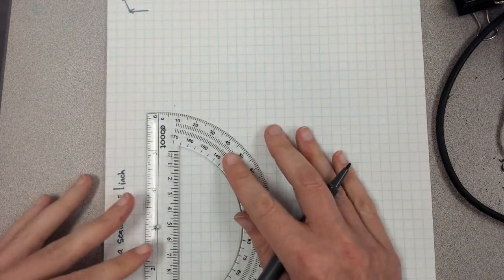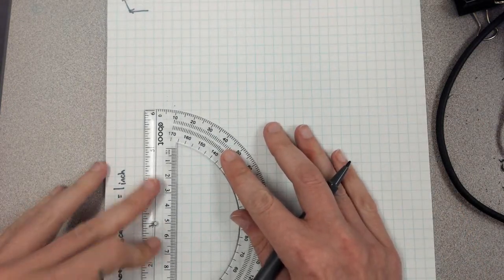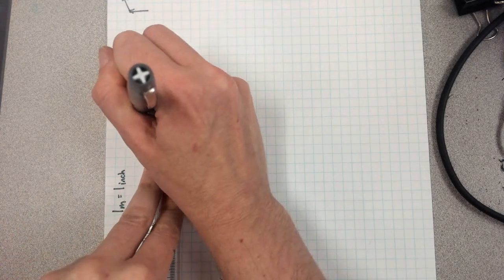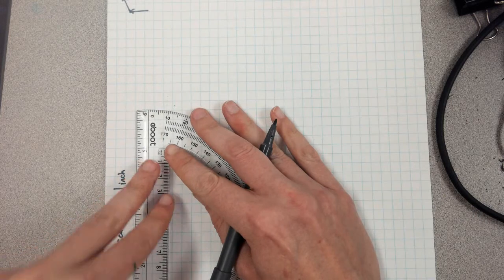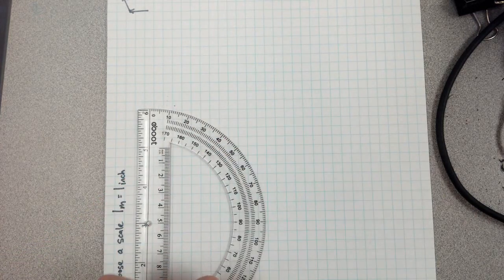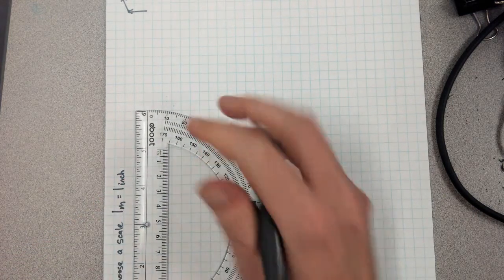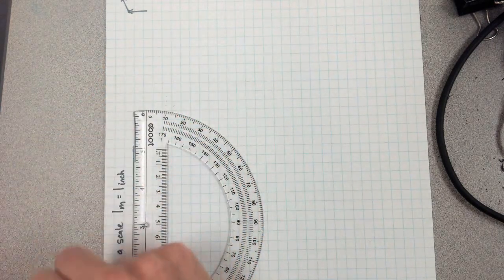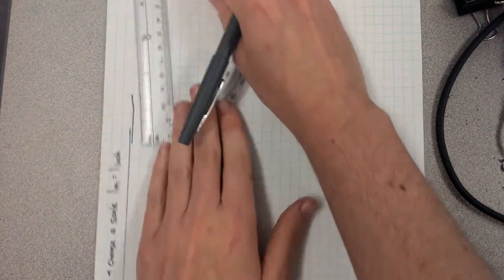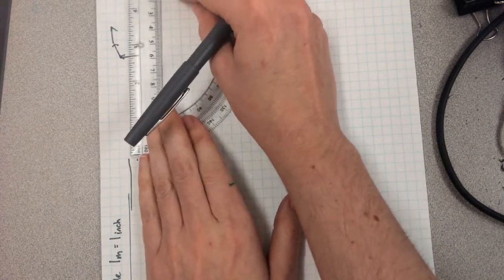So I'm going to start over here. So here's 6 inches. Start here. Go 6 inches. Here. And then I'll go 2 more. Alright, so 6, 7, 8.